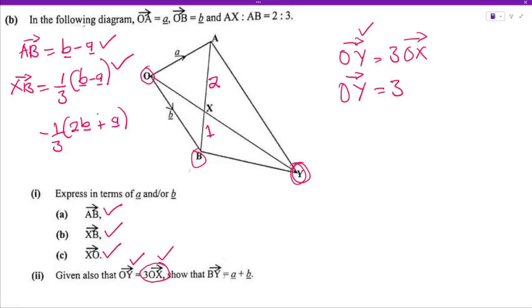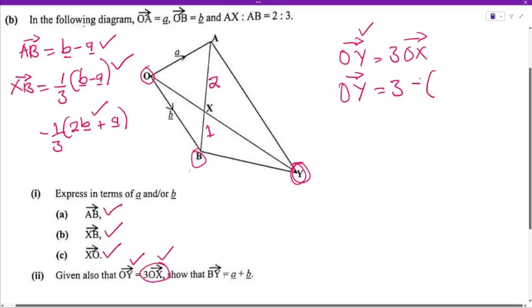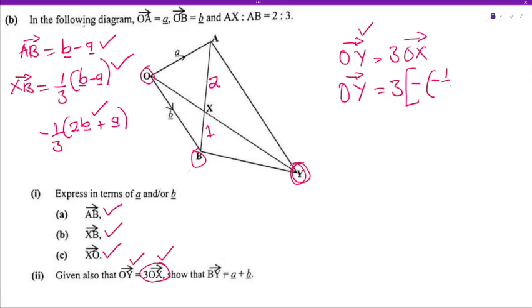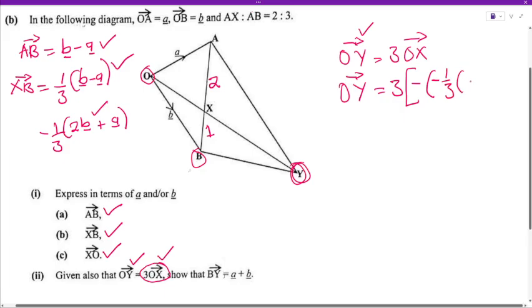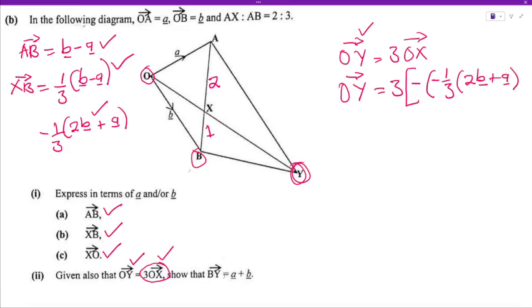So you might remember, this is XO. This one we found here. To make it OX, we're simply going to multiply throughout by a negative. So it's going to be open bracket negative, times, let me use a square bracket right there, the vector itself, 1 over 3, then in brackets again 2 vector b plus vector a, you close, and again you close.